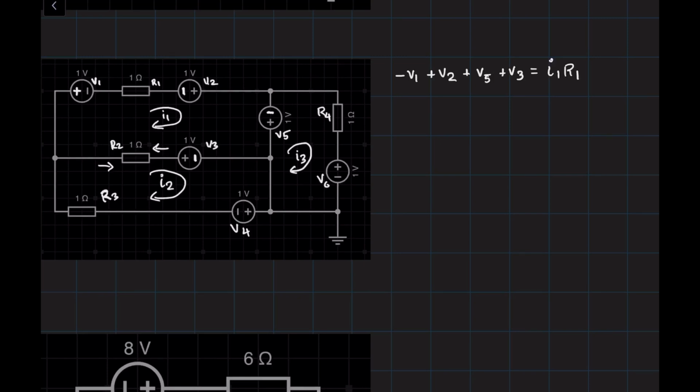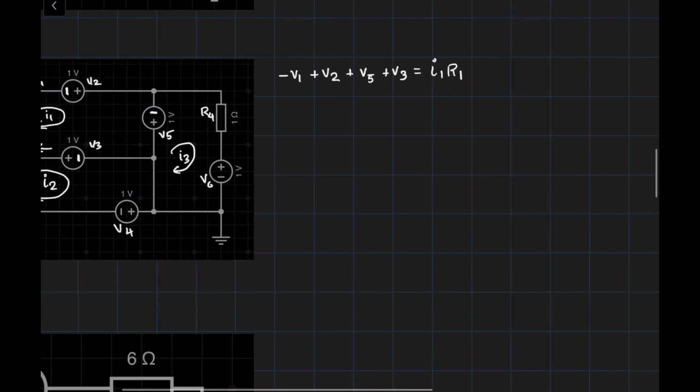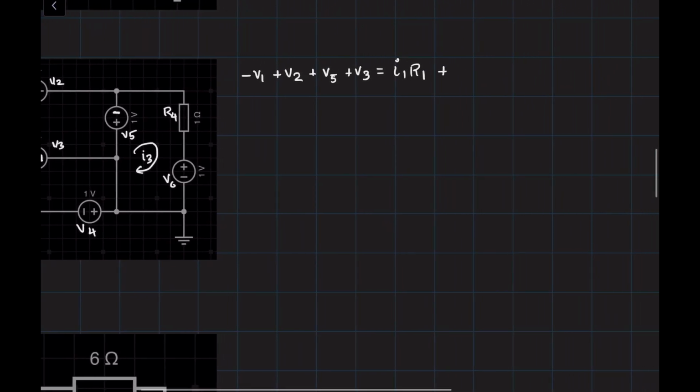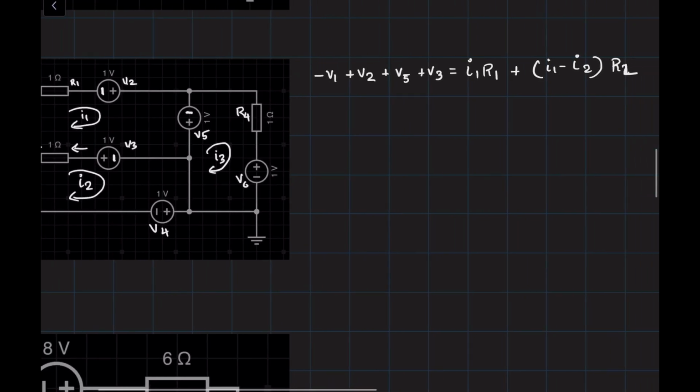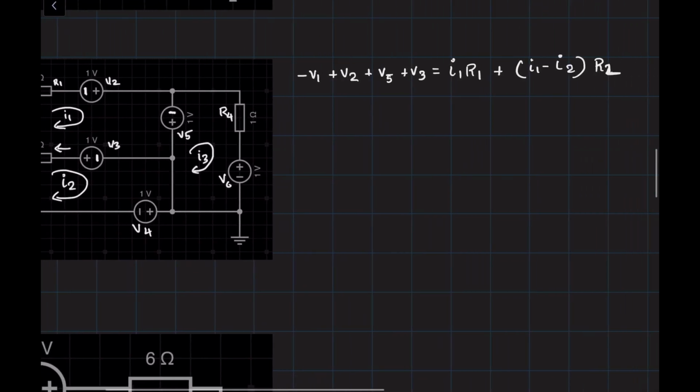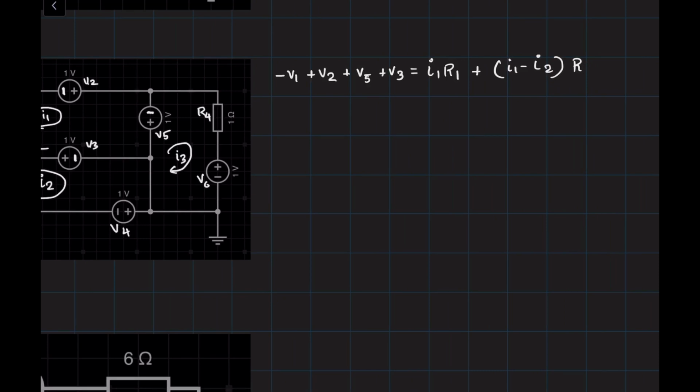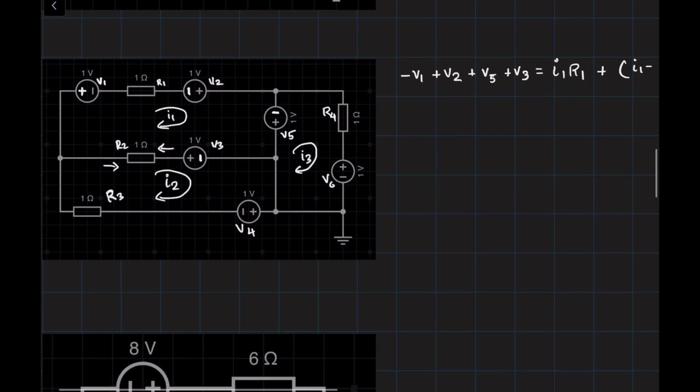Since we are writing the equation for loop 1, how will you write? Plus I1 minus I2 times R2. Understood? That is how you should write for loop 1.